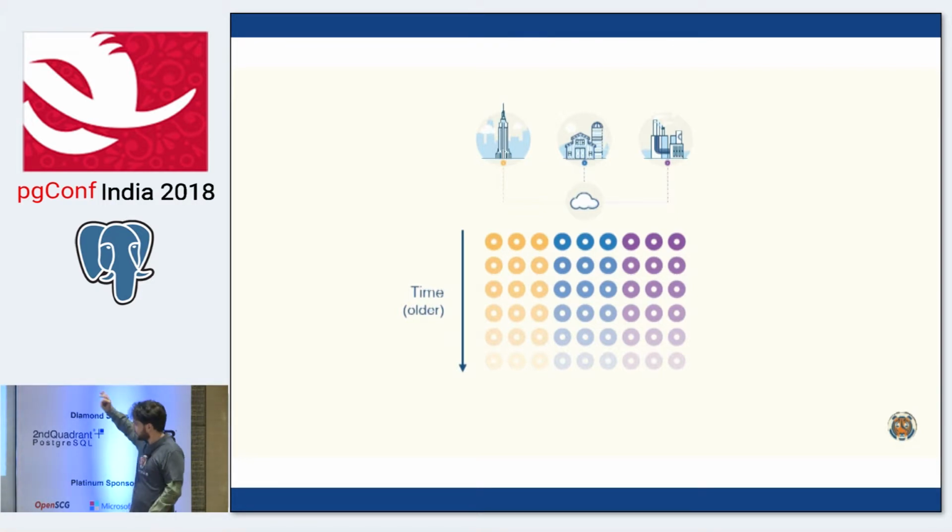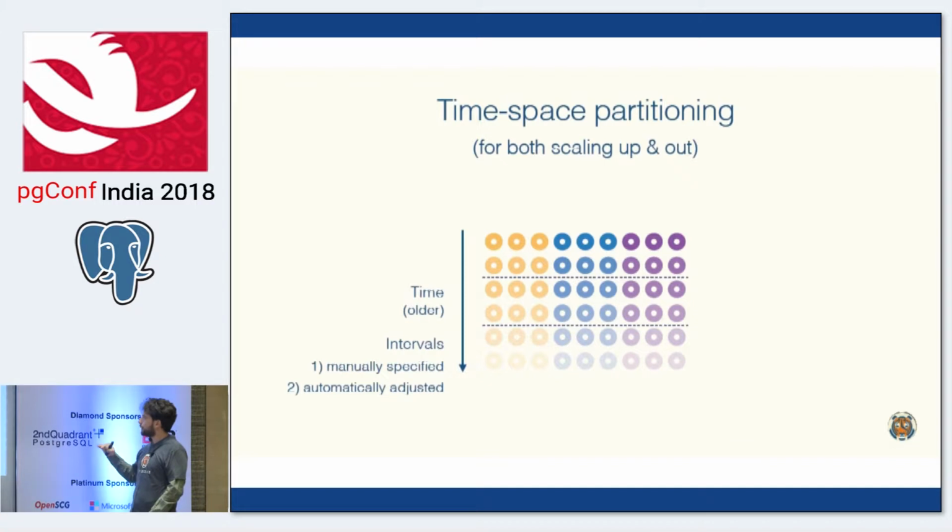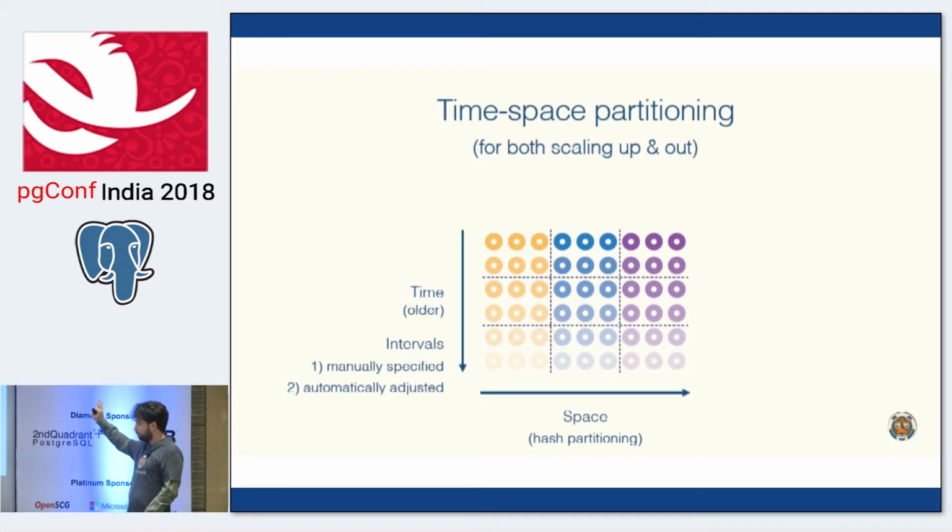The way we do this is, if you imagine this as your time series data coming in from different locations over time, what we could do is partition this data by time. And further, we could partition this data by what we call space. And that's very often, although it doesn't have to be, an identifier that shows where this data is coming from.